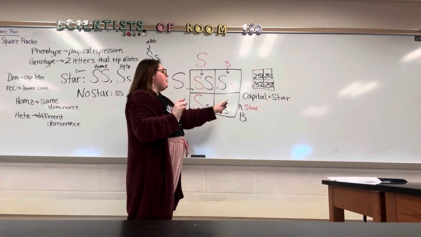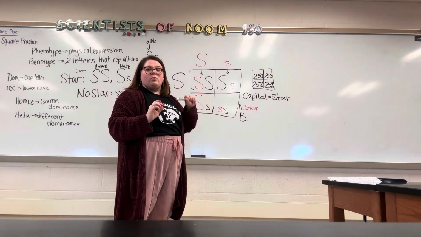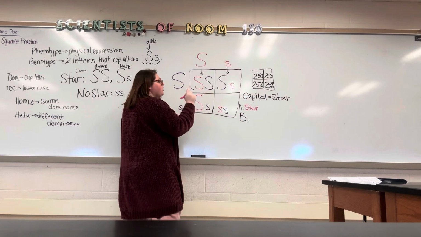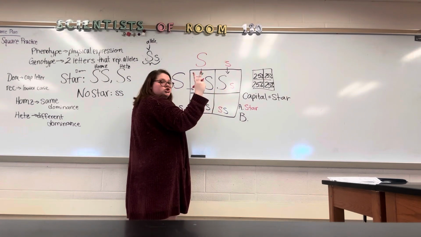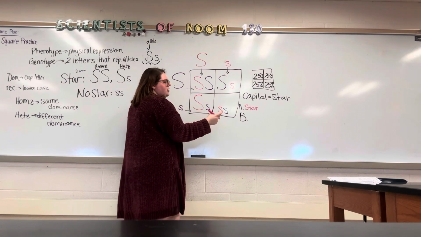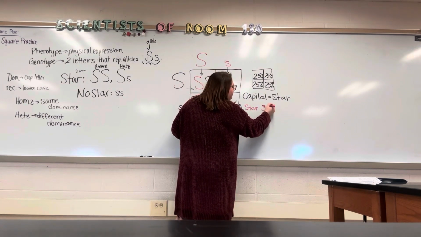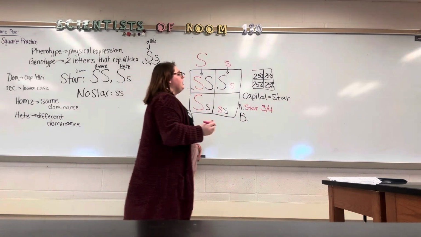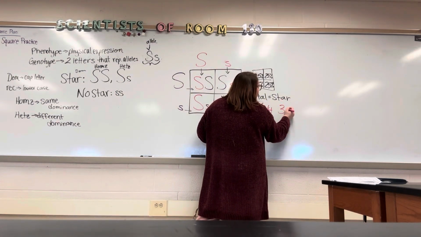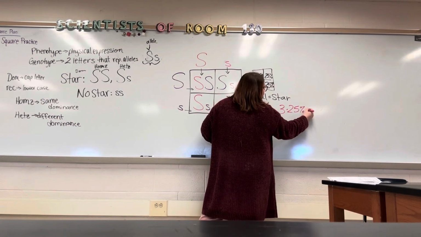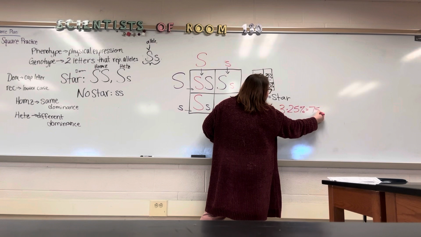So, if we look at how many times we're going to have a star, this has a capital S, so that's 1, capital S, 2, capital S, 3, but there are no capital S's here. So 3 out of 4 times we're going to have a star. And if we do 3 times 25%, that's going to be 75% of the time.